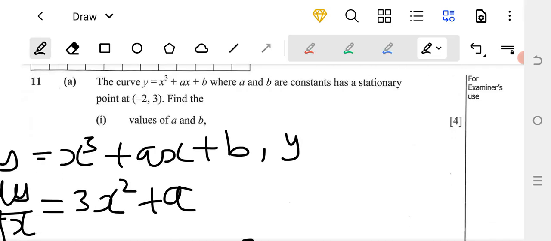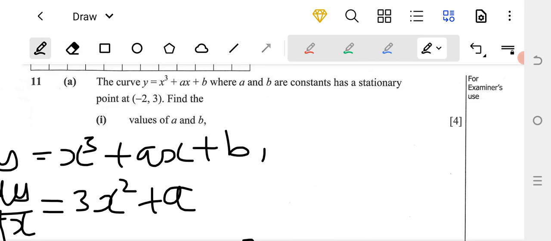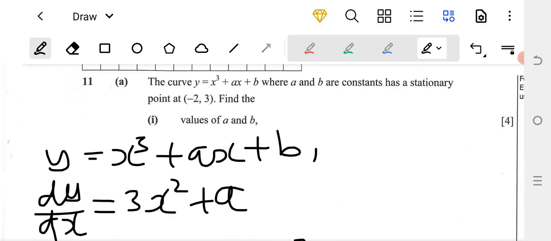We have y is equal to x cubed. We can already see what we have written here. Then we're going to say when x is equal to negative 2, y is equal to 3.